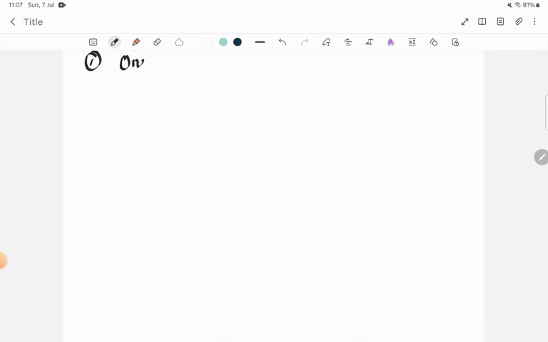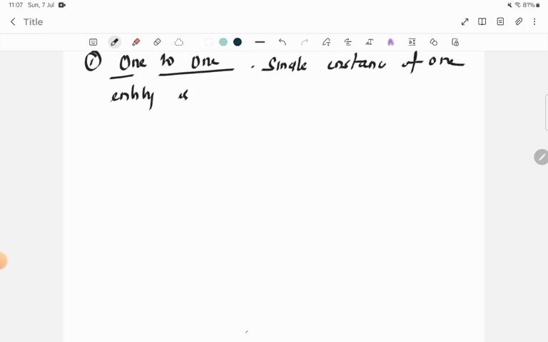Let's talk about the first relationship, that is 1 to 1. 1 to 1 means that a single instance of one entity is related to a single instance of another entity.